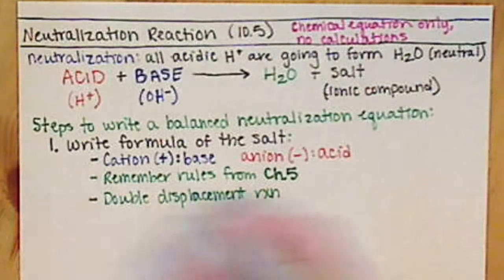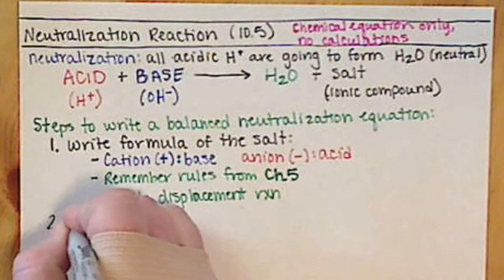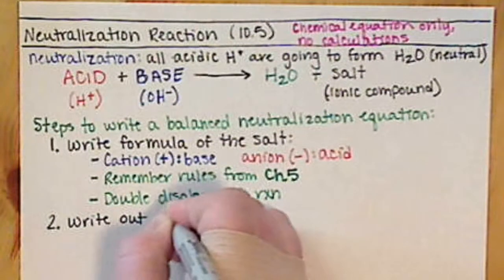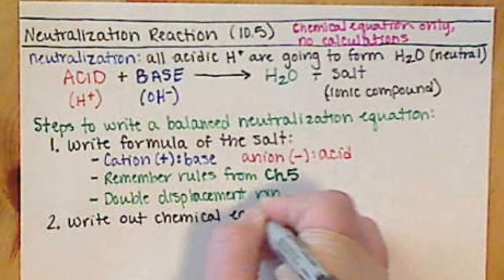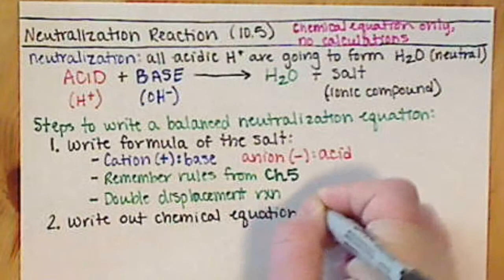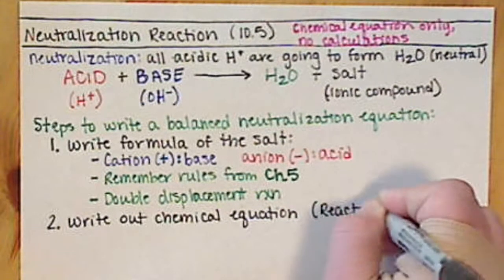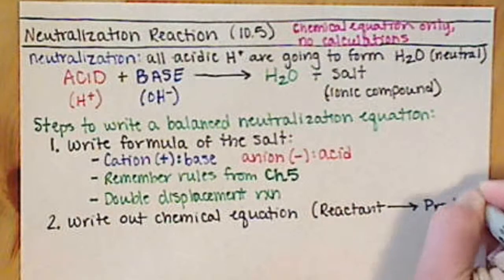All right, step 2, once you've determined your salt, is you want to write out your chemical equation. In other words, you're going to write out your reactants, put your reaction arrow, and put your products.